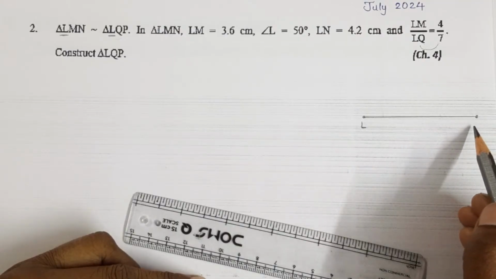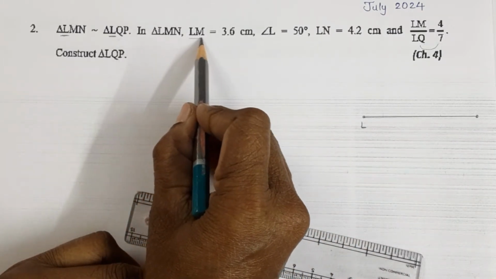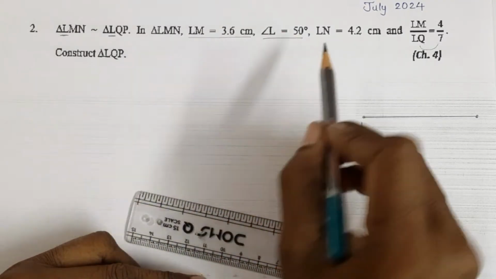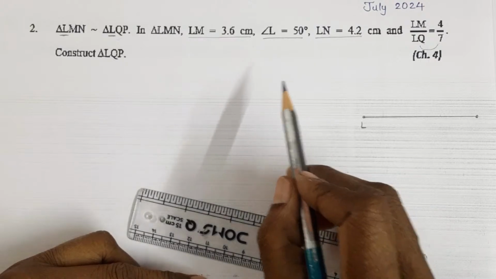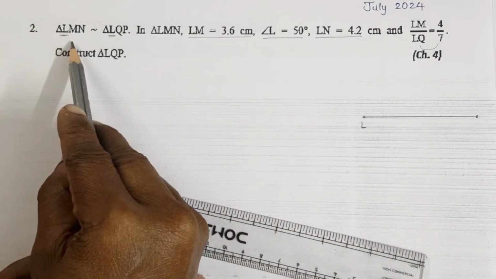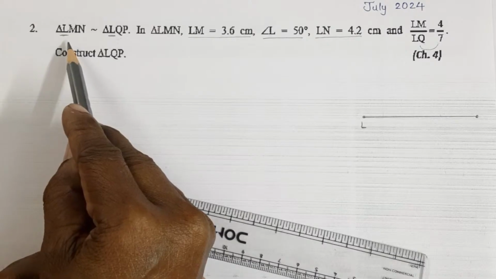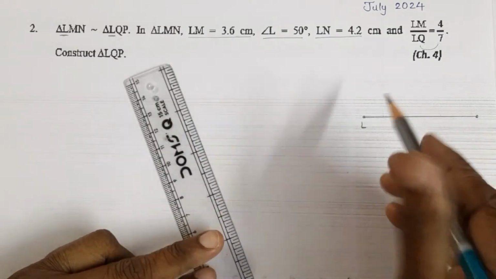First I draw the rough figure. See carefully: first I have the measurements LM is equal to 3.6, angle L is equal to 50 degrees and LN is equal to 4.2 centimeter. These are the measurements of the smallest triangle, so first I draw the smallest triangle.